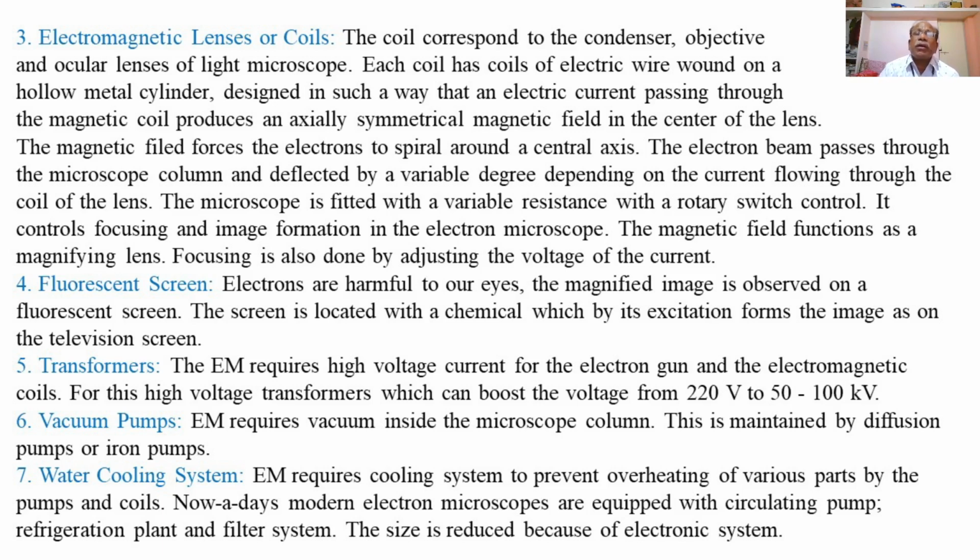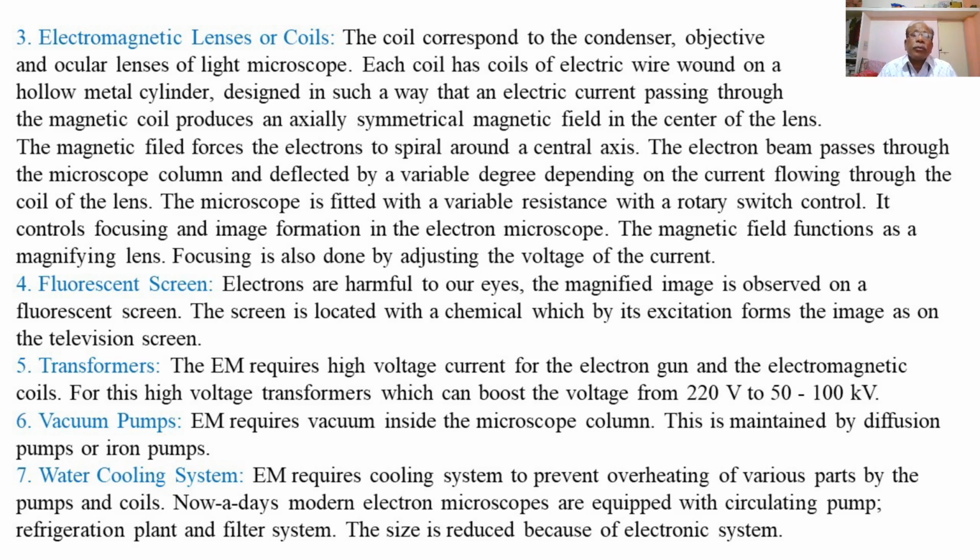Transformers, the next component of the electron microscope. The electron microscope requires high voltage current for the electron gun and the electromagnetic coils. So the electron microscope has important components for the image formation and the magnification of the image.